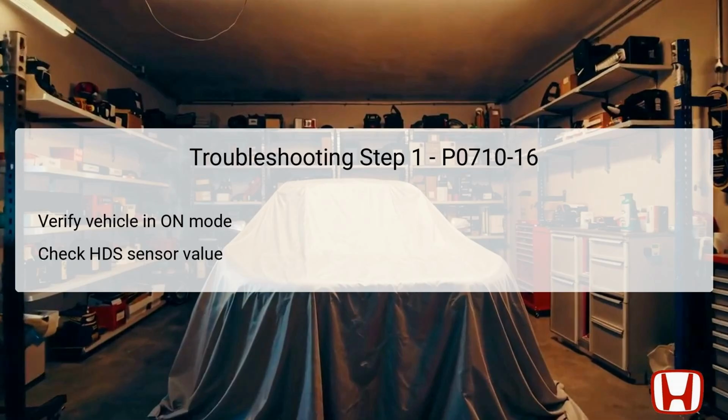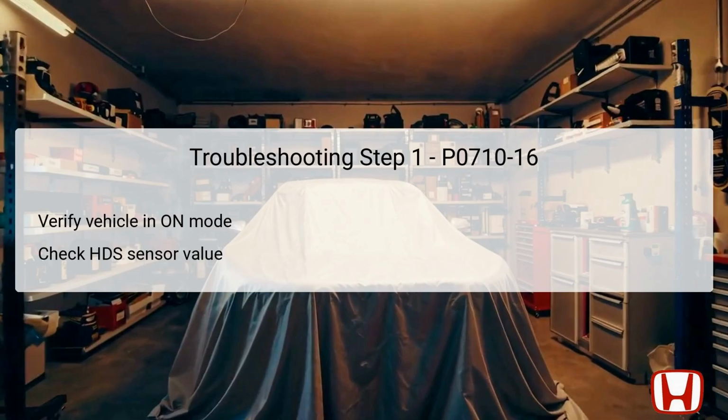The first troubleshooting step is to verify that the vehicle is in the on mode, enabling the necessary systems to power on for diagnostics. Once the vehicle is adequately prepared, the next action involves checking the Honda Diagnostic System, HDS, for the CVTF, Continuously Variable Transmission Fluid Temperature Sensor value. Specifically, technicians look for values less than 0.07 volts.